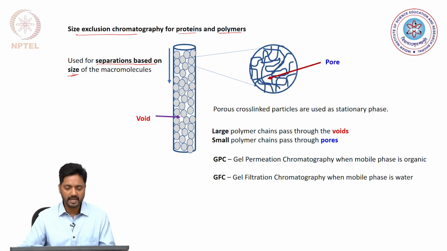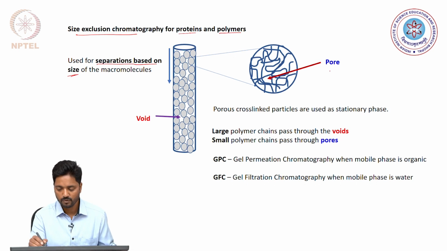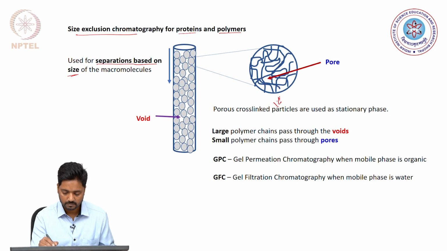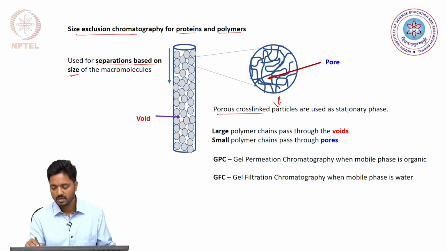The only major difference is that the stationary phase is made up of porous particles. So, we use porous cross-linked particles as the stationary phase.